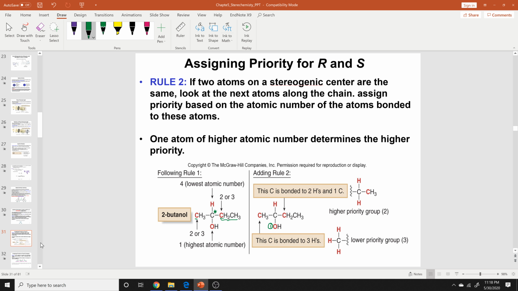Priority number 2 is a carbon-carbon versus a carbon-hydrogen. Priority 3 is a carbon-hydrogen versus a hydrogen. So this is a 3. I'm left with the hydrogen being the lowest priority. It's going to be group number 4.